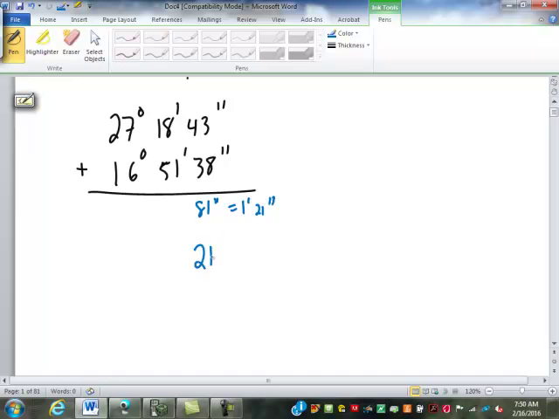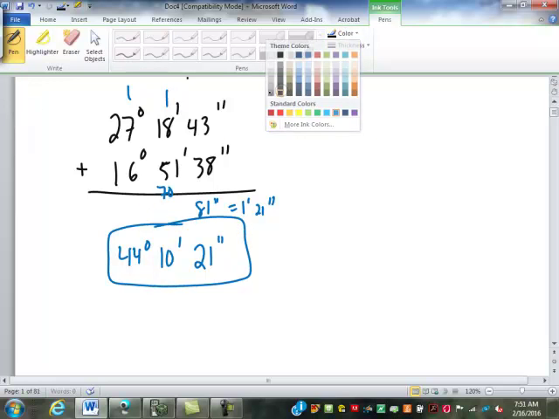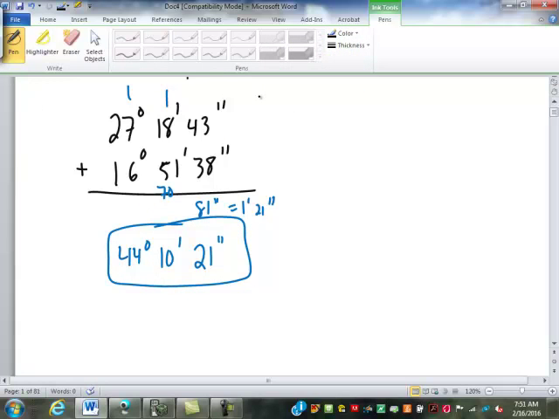So keep the 21, carry the 1. 19 and 51 is 70, which is 1 degree, 10 minutes. So carry the 1, keep the 10. That's 28 degrees, 34 minutes, 44 seconds. What do you think? Doable? Actually, it's easier that way. And actually, you can enter it in your calculator if you want to.